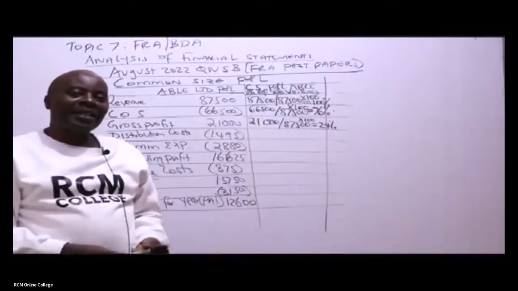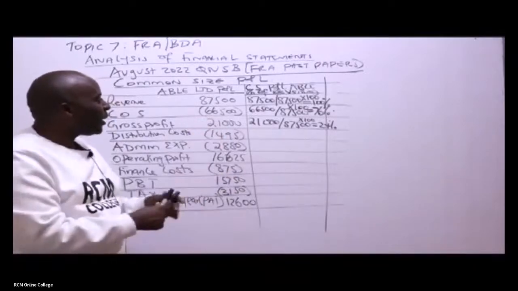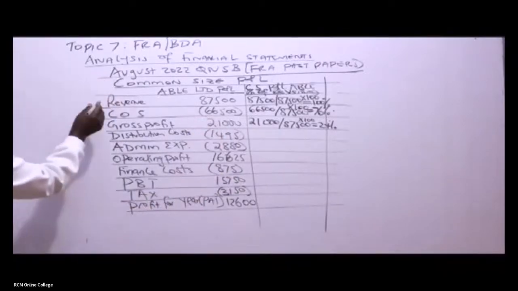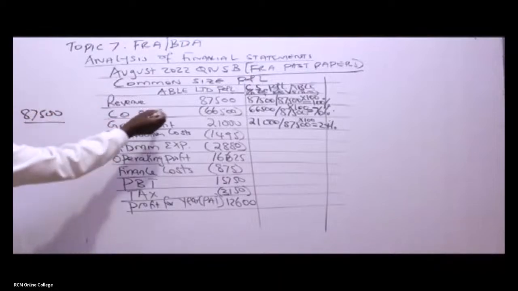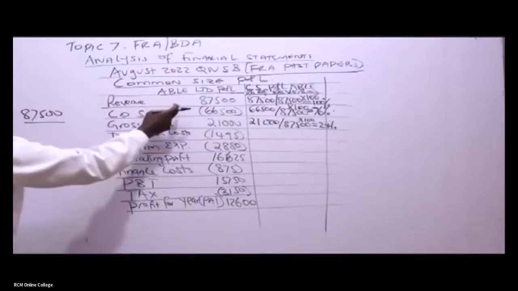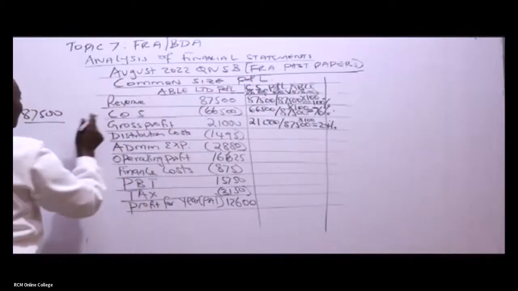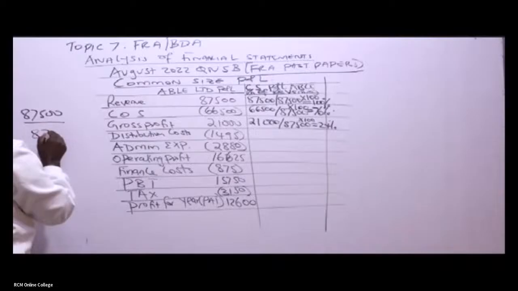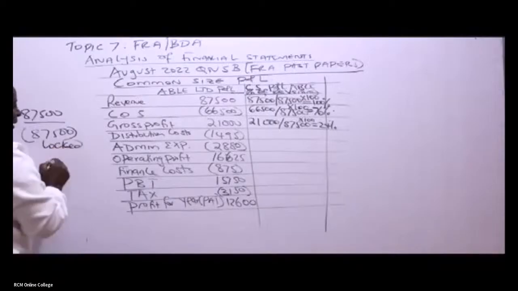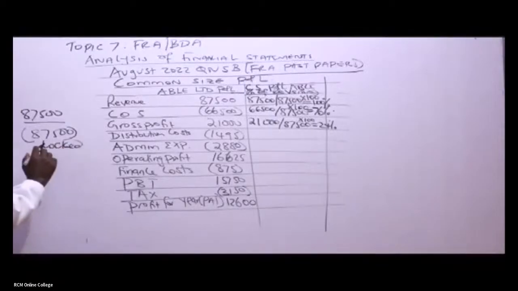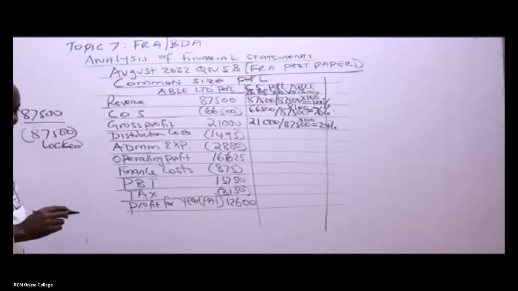You'll take the first one, 7,500, and divide by this 87,500 cell. But this number now has to be locked. It has to be dollarized.